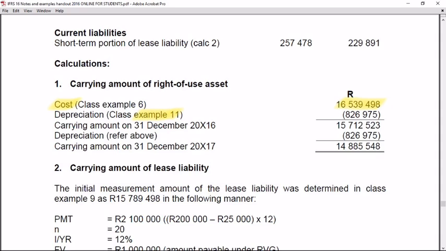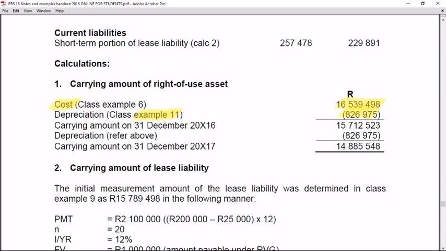It was over a 20-year period, calculated as 826,975. That then gives you the carrying amount at the end of 31st December 2016 as 15,712,523.